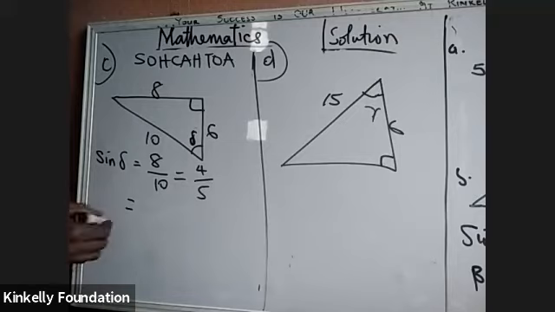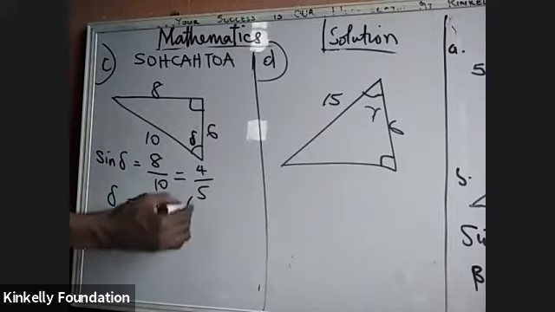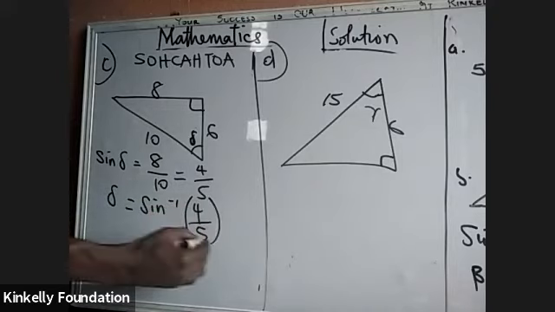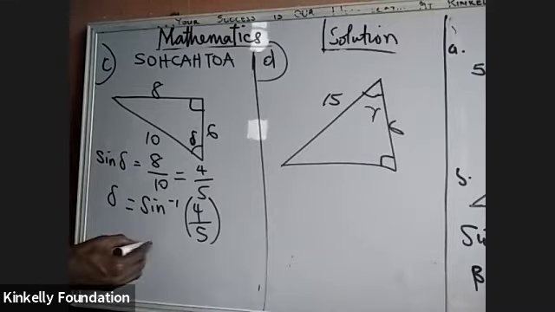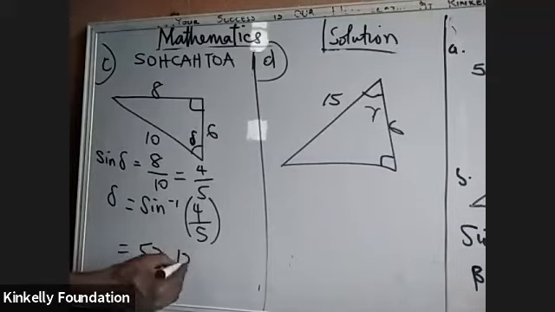So delta will now be sine inverse of 4/5, which gives us 53.13, approximately 53.1 degrees.